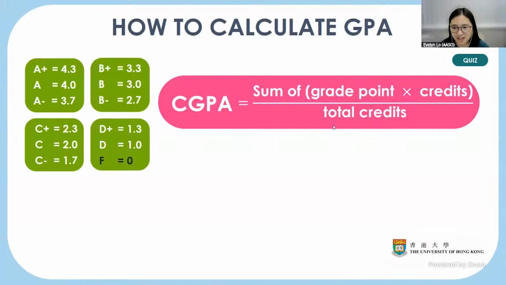How to calculate GPA. So we have a case here. A student gets A, B plus, C plus and an F for 5, 6 credit courses. What is their GPA? Try to calculate.